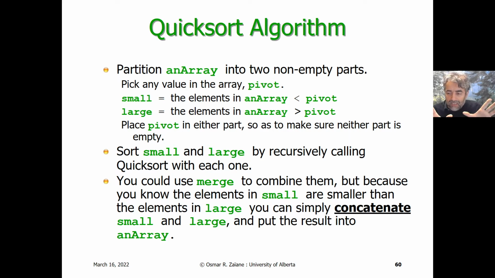Because everybody on the left-hand side is smaller than the pivot, and therefore smaller than the right-hand side, and everybody in the right-hand side is larger than the pivot, and therefore larger than anybody on the left-hand side. So I simply concatenate them, and I'm done. And the concatenation doesn't require additional space.